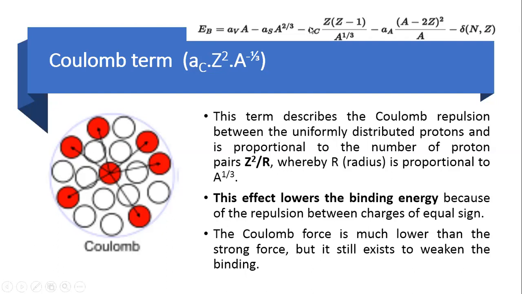That's why the sign of the Coulomb term is minus, and this is the simple formula to calculate it. Z is the number of protons, Z times (Z minus 1), divided by A, the mass number, to the power 1 over 3, and this will be the Coulomb term constant, having a fixed value, which we will discuss later on.